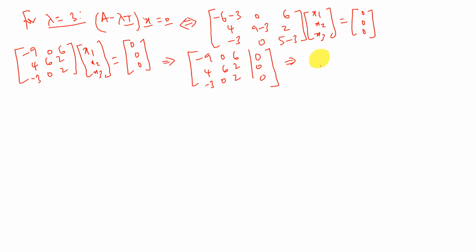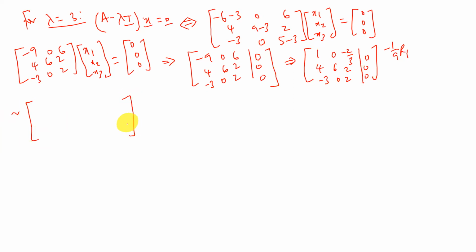Let's see now what we get here. We can multiply row 1 by minus 1/9: 1, 0, minus 2/3. Then row 2 minus 4 row 1, and row 3 plus 3 row 1.